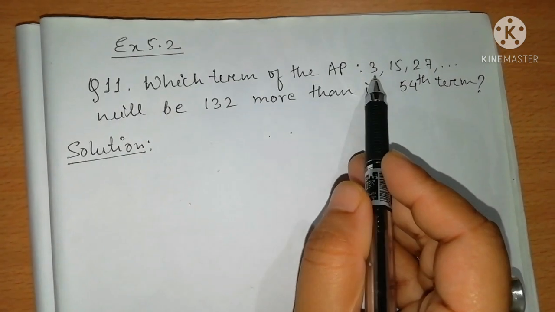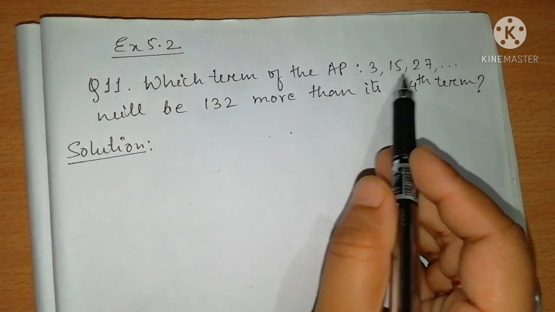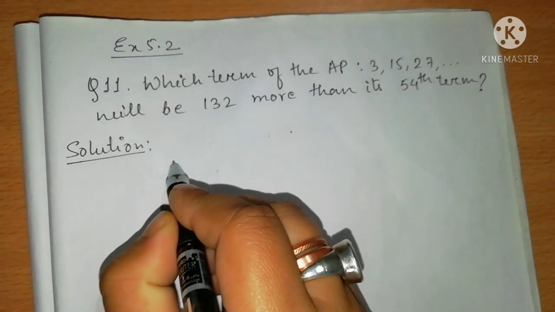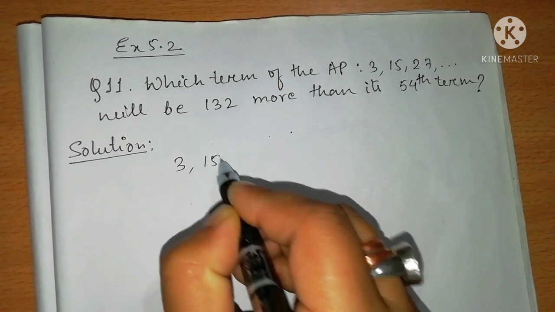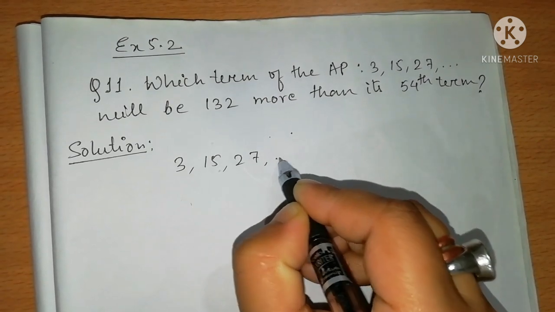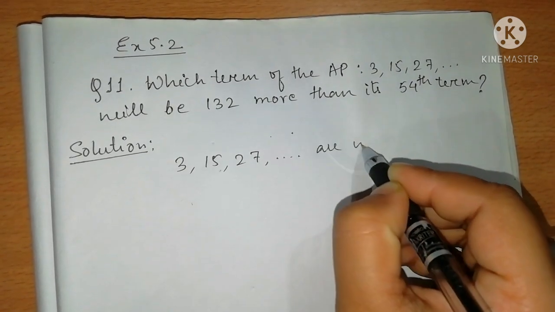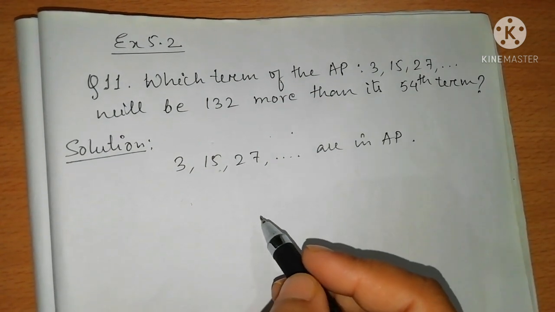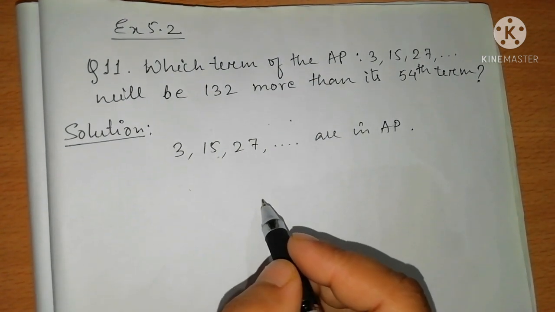So the given AP is 3, 15, 27. They are in AP, it is given to us.